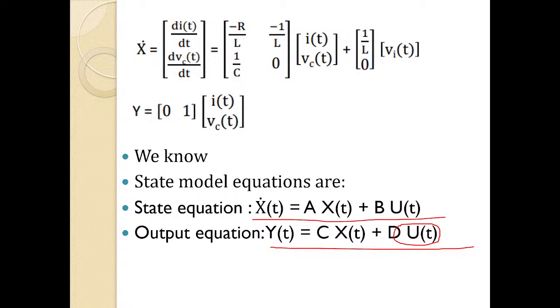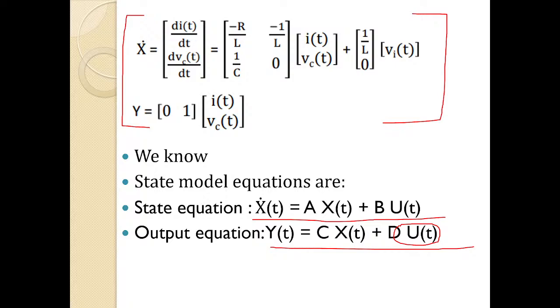These two are the state model equations for the given system. If you are unable to follow, go through the video once again, you will be able to follow. It's very simple and easy, nothing complicated.